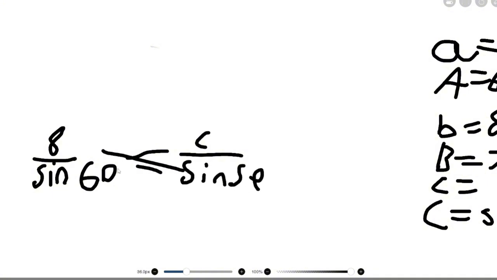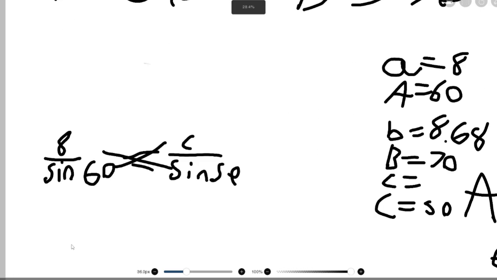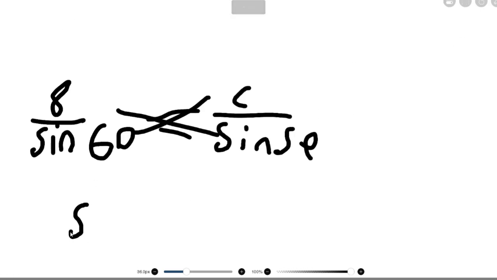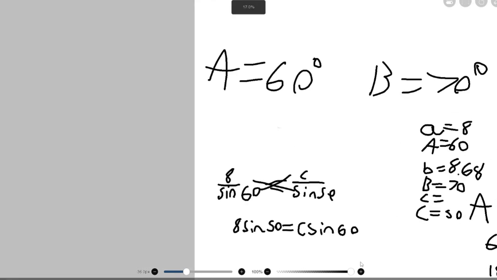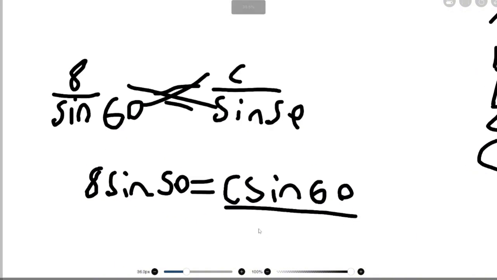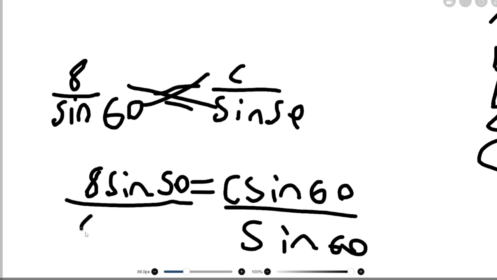So again, we cross multiply, and then you should get 8 sine 50 equals c sine 60. And you want to divide both sides by sine 60 so we can get the variable by itself and figure out what it is.